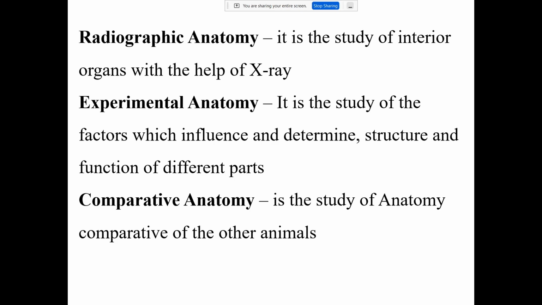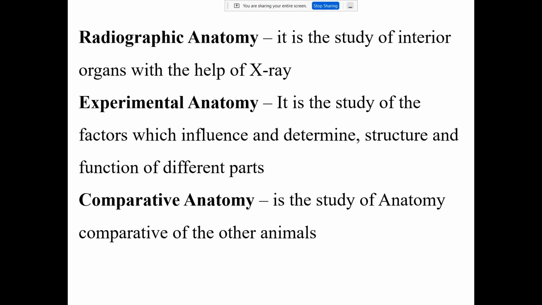Especially this helps in living anatomy. We want to study a particular organ or particular bones where there is a deformity. That comes under radiographic anatomy, by the help of X-ray technology.